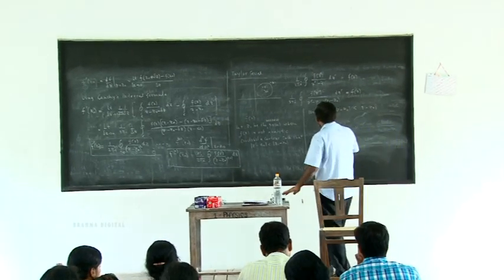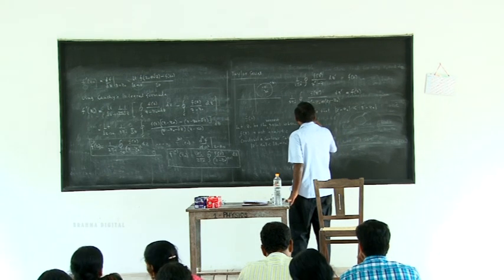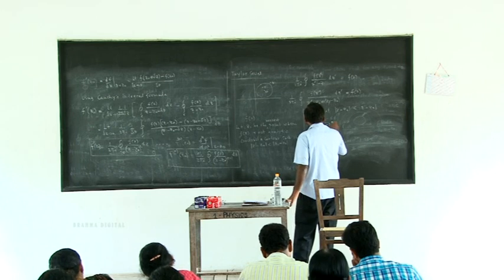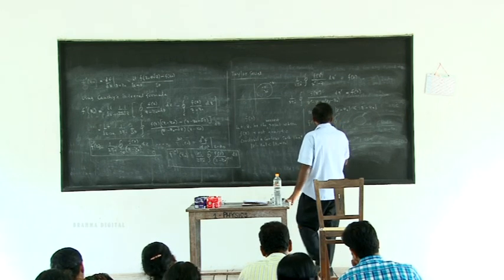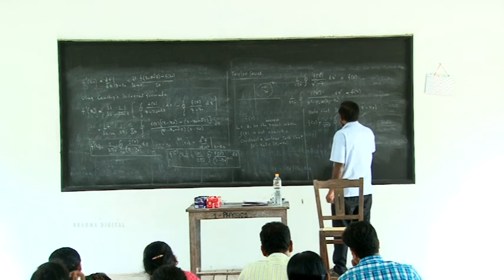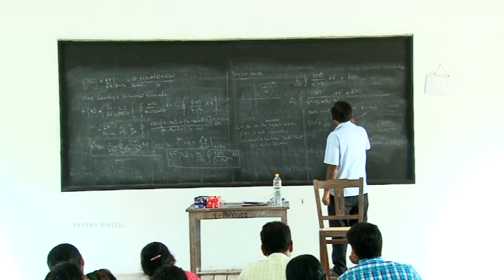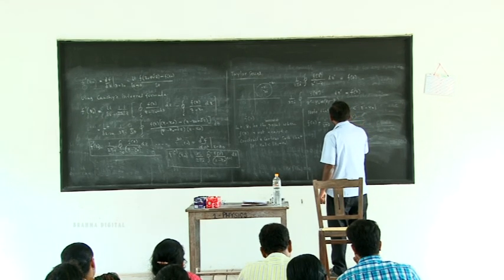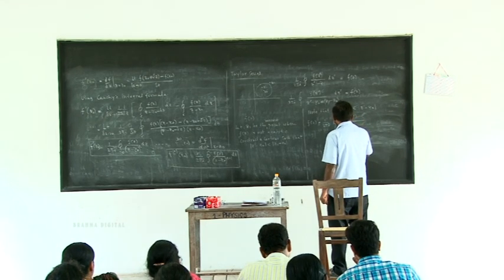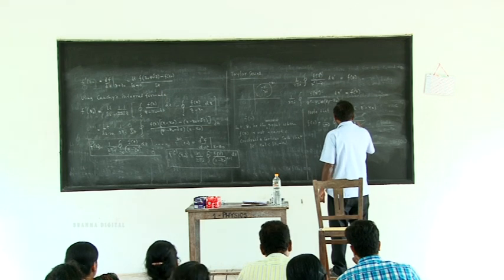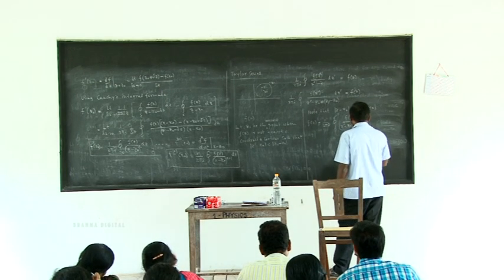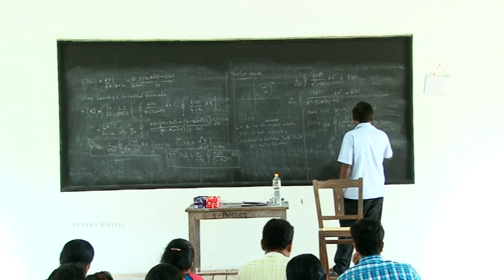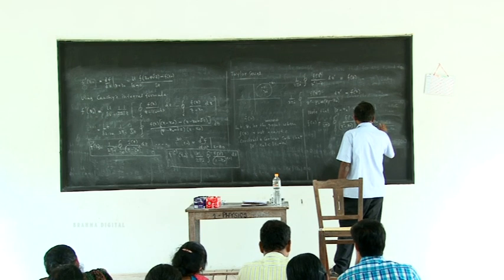So I will rewrite this as f of z is equal to 1 over 2 pi i integral over the contour. I will pull out f of z prime divided by z prime minus z naught into 1 minus z minus z naught divided by z prime minus z naught.